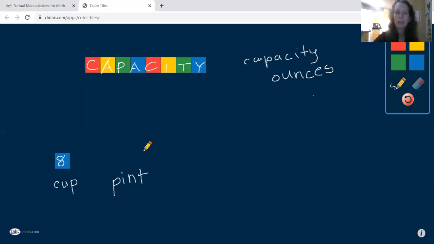In order to make a pint, I need 16 ounces. So that is 1 cup, which is 8 ounces, and 1 more cup, which is 8 ounces. Okay?